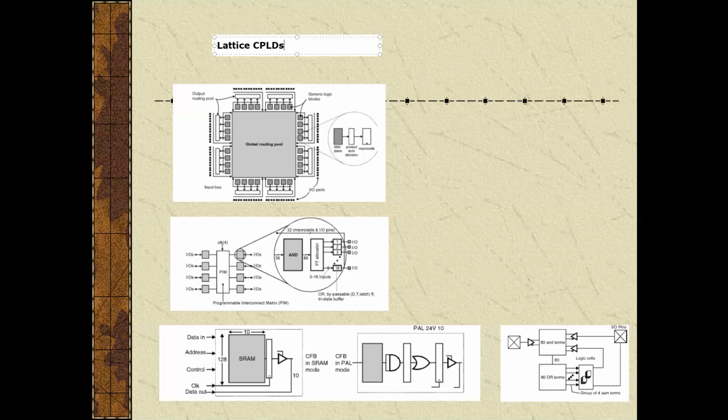Lattice has families with different capacities and speeds. The IC consists of SPLD blocks and the global routing pool. Lattice also has a CPLD family known as the 2000 series, and the Lattice 3000 series shows CPLDs with 5000 gates and gives some enhancement over other Lattice families.